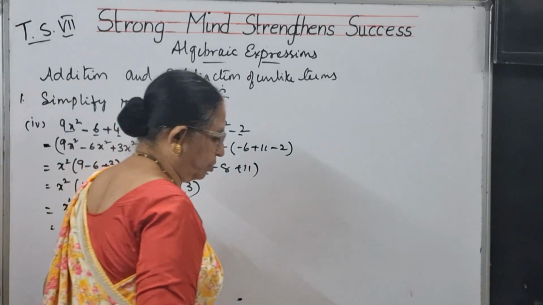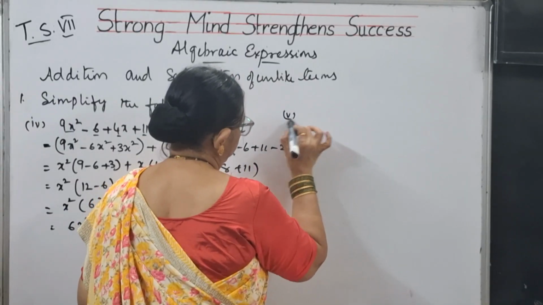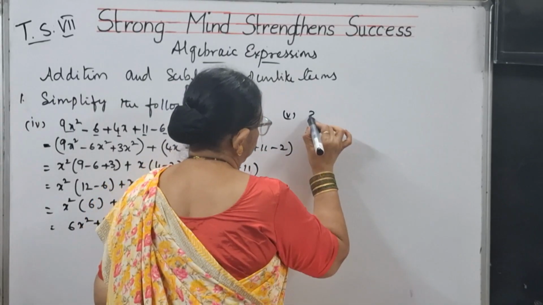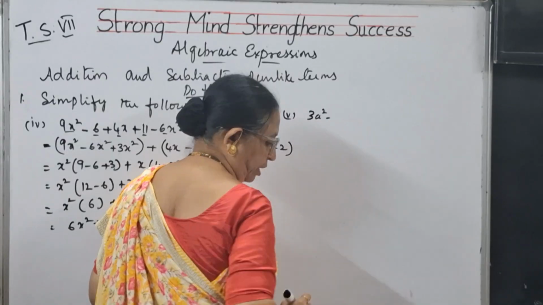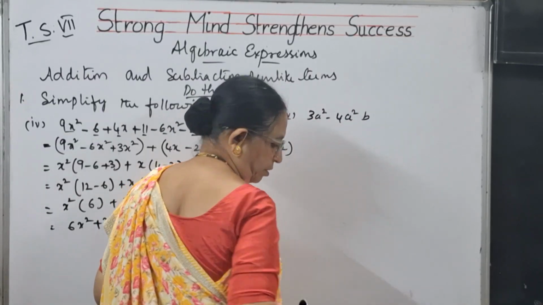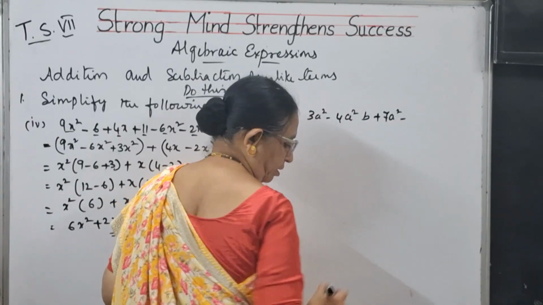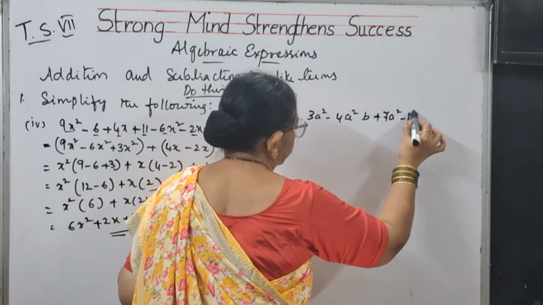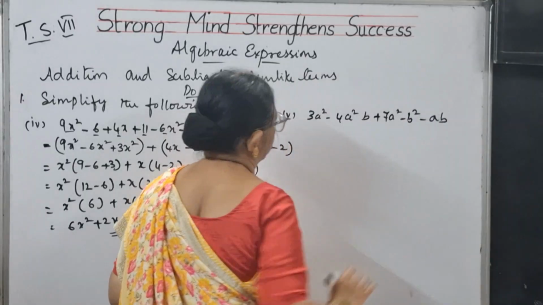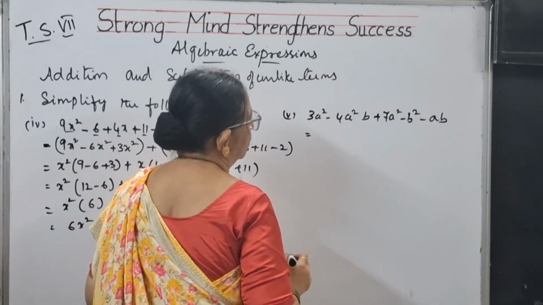Let me go to the fifth bit. 3a square minus 4a square b plus 7a square minus b square minus ab. So let us write all together.